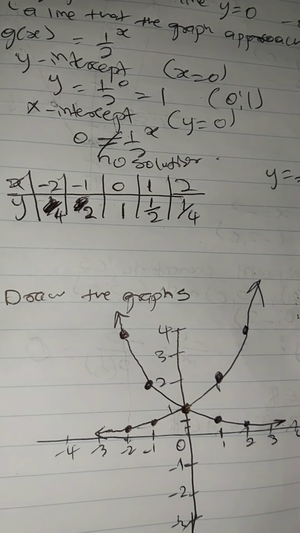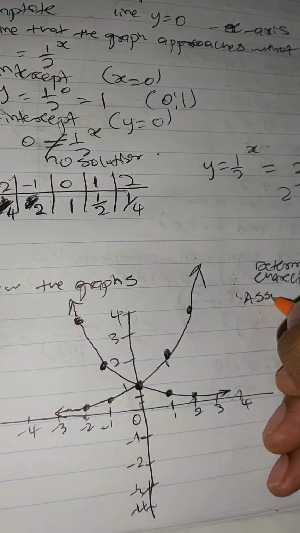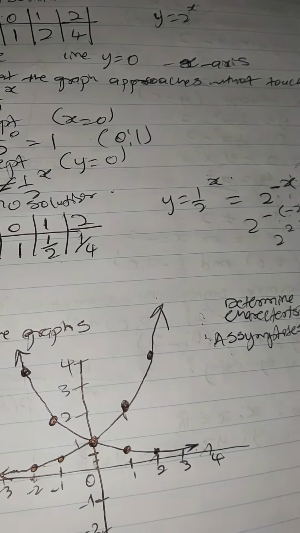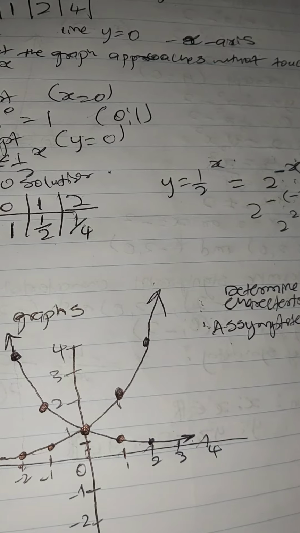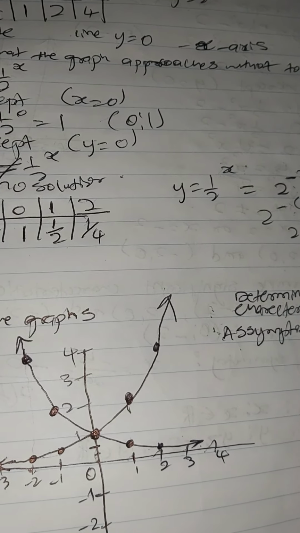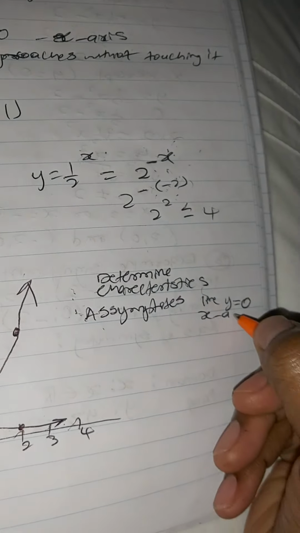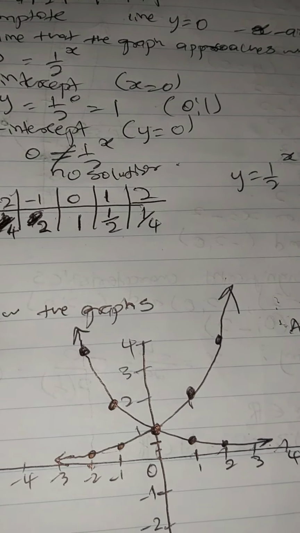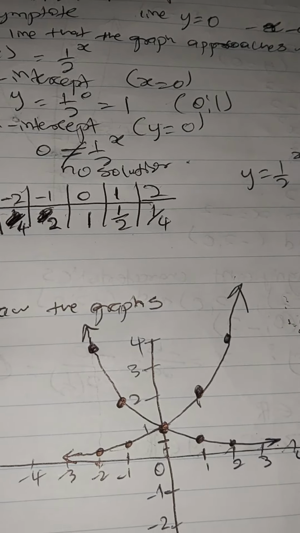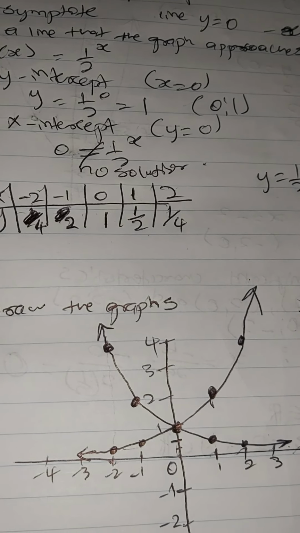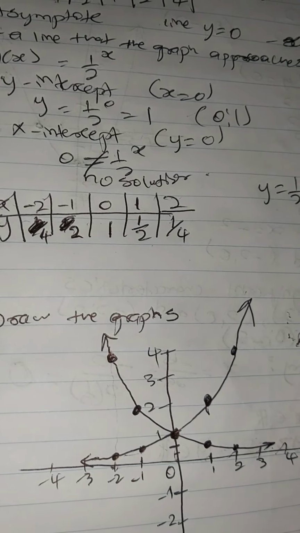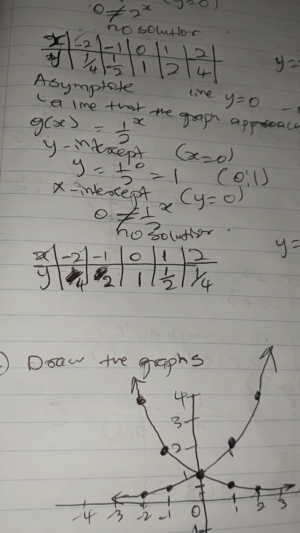So the asymptote is the line y equals 0, which is the x-axis. Then the other characteristics are the intercepts.